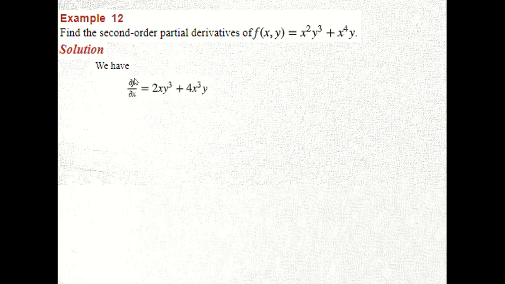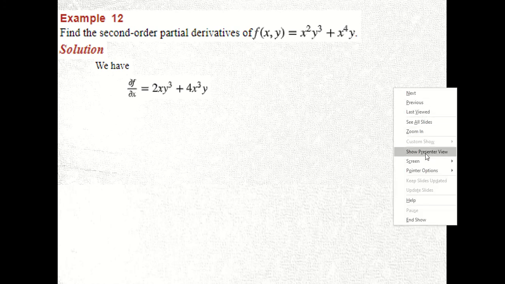All right. Now, for example, find the second order partial derivatives of the given function. We're given a function of x and y: f(x,y) = x squared y cubed plus 4x to the fourth times y. So for our solution, we take the partial derivative of the given function with respect to x.